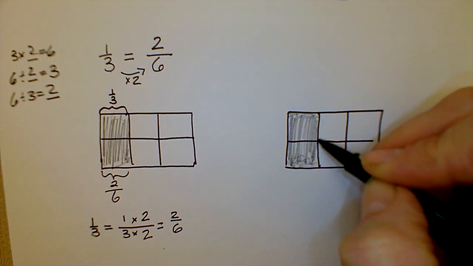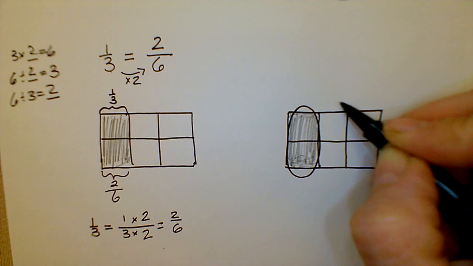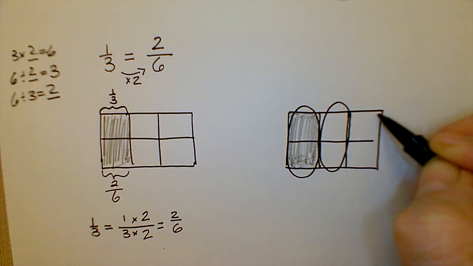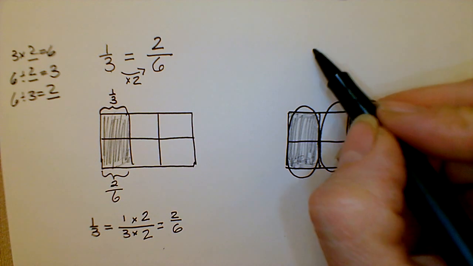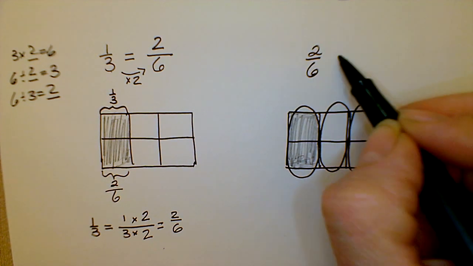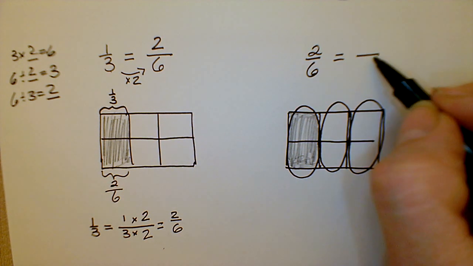And what I can see here is, I'm going to circle this out, I can take my columns here and make it 1 column, 2 columns, 3 columns. So we're starting with 2/6, and now what I can see is that I could turn this into thirds. That is something that I could do for this one.